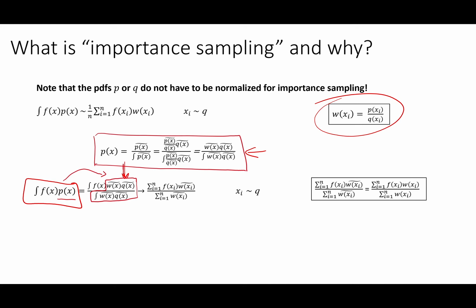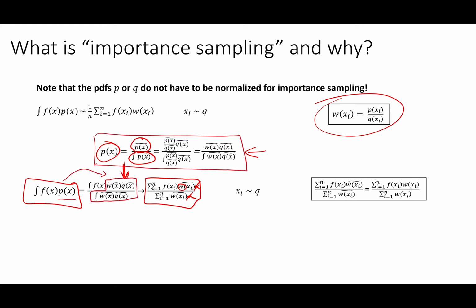This formula says that p of x, the probability density function, is basically this unnormalized probability density function divided by some normalizing constant. If I plug it in here, I will get this result. And whatever the normalizing constants are, whether it's alpha here of the w with the wave on top of it, or beta, or gamma, I can just cancel these out.